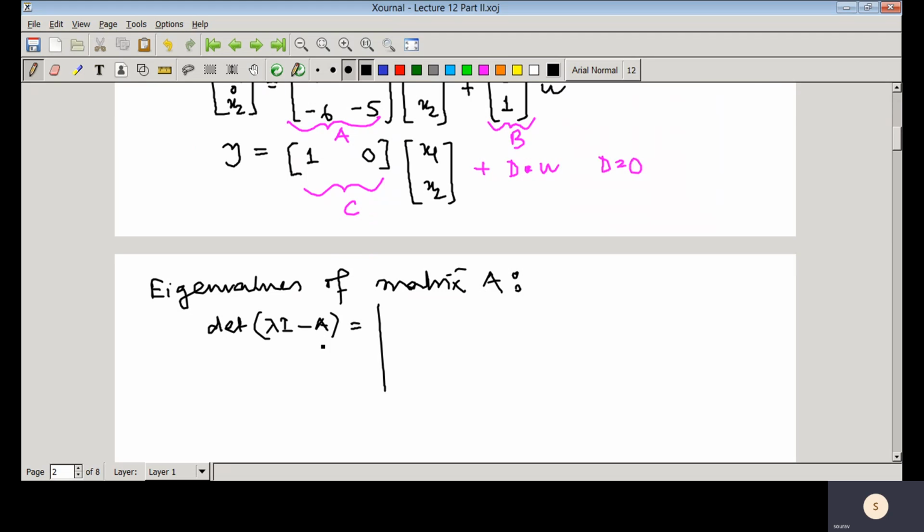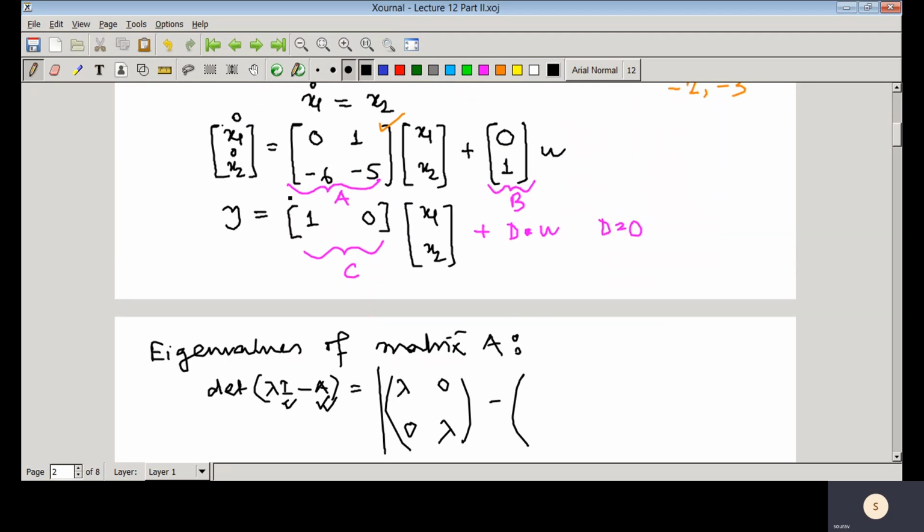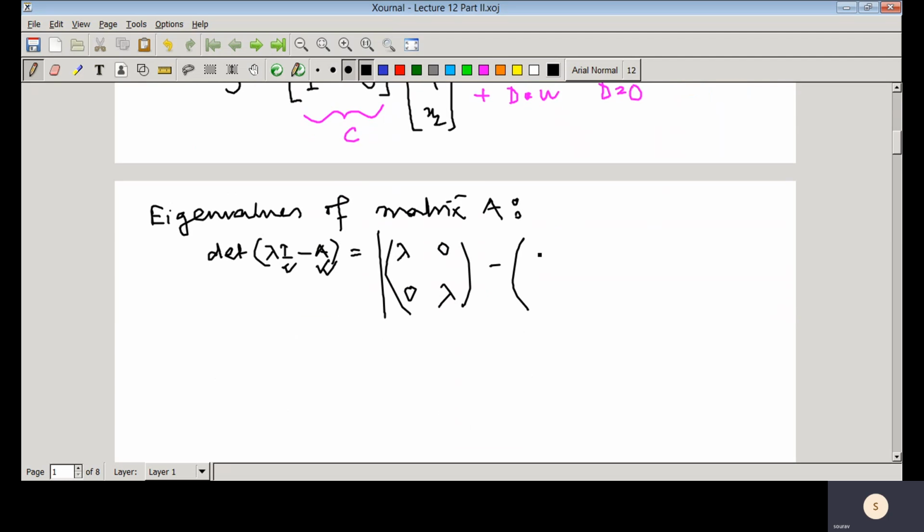As it is a 2 cross 2 matrix, the identity matrix would be 2 cross 2, that means lambda 0 0 lambda, the first one lambda into I minus A. The A matrix is here, that is 0 1 minus 6 minus 5.